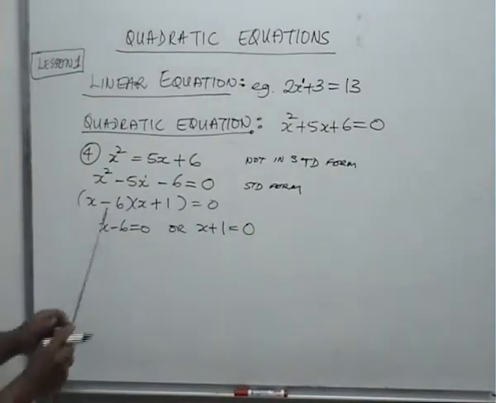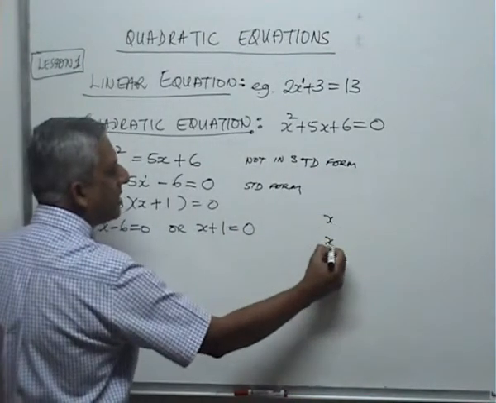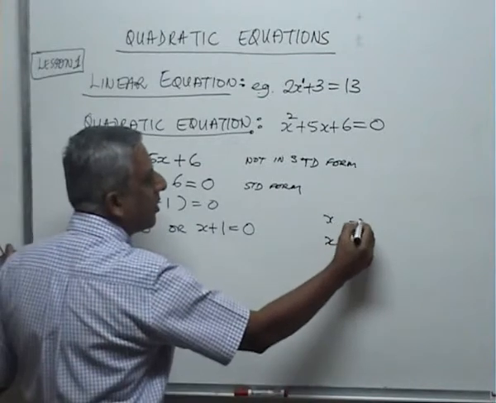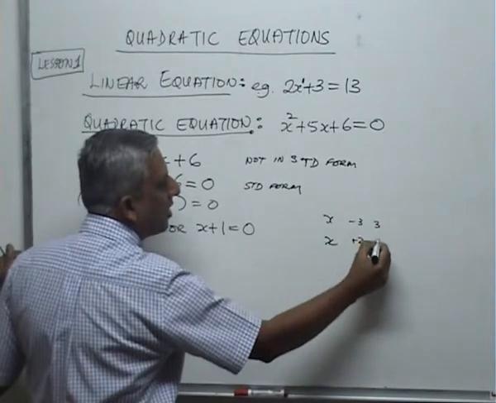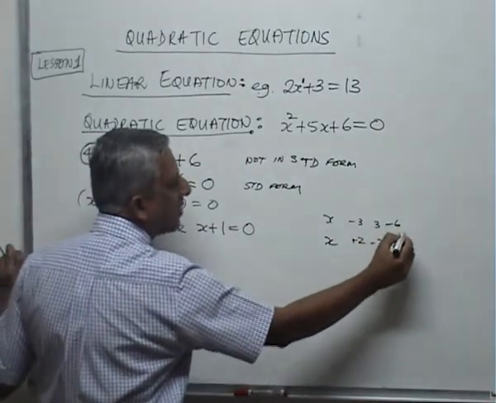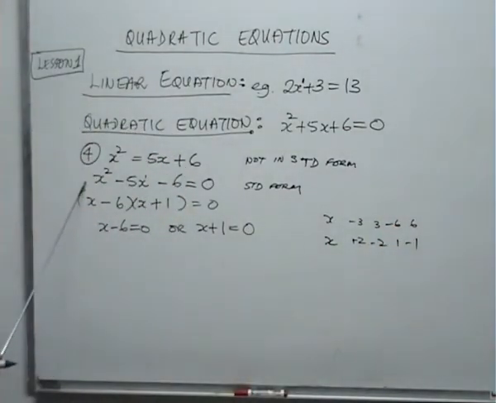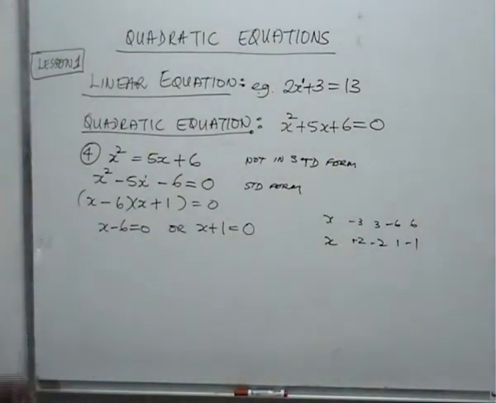Alright, I feel a bit sorry for you, so I'll just show you. See this one? If you forgot, you write x and you write x. Then you got minus 6. Then you write minus 3 and 2, or 3 and minus 2, and minus 6 and 1, and 6 and minus 1. You see, you're trying to factorize a trinomial. Then you choose the one from there that solves your problem.